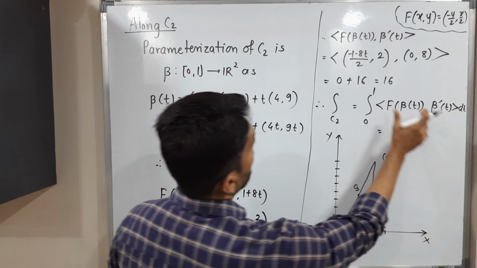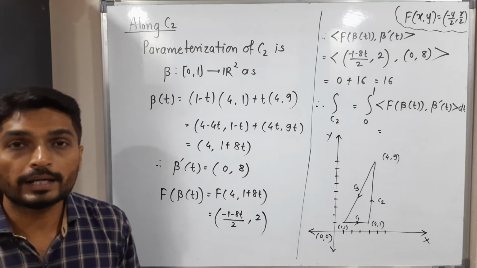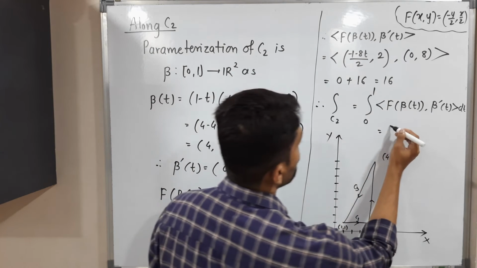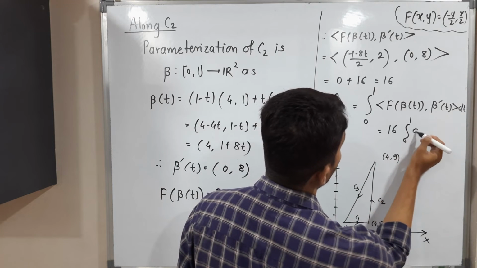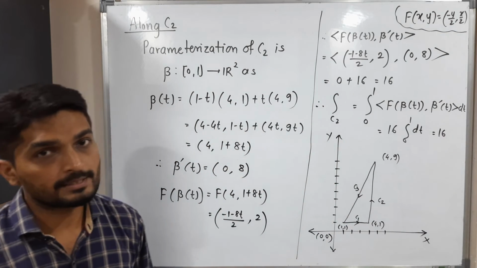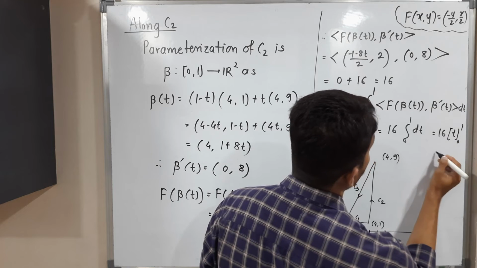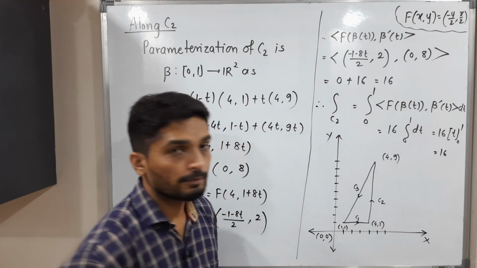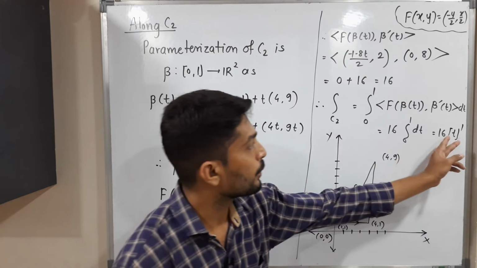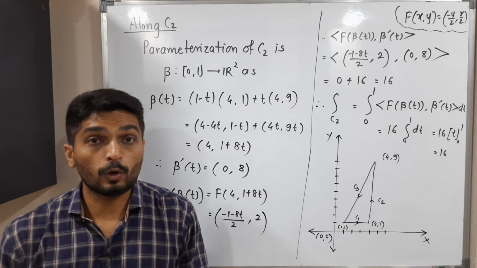But as you know, the value of this inner product is 16, and it is a constant, so you can take it outside the integration. So 16 will come outside, integral 0 to 1 dt. What is the integration of dt? It's t, with limits 0 to 1. If you put the upper limit 1, we will have the same. If you put 0, it's 0. So it will be 1. 1 into 16 is 16. So the line integral along C2 is 16.